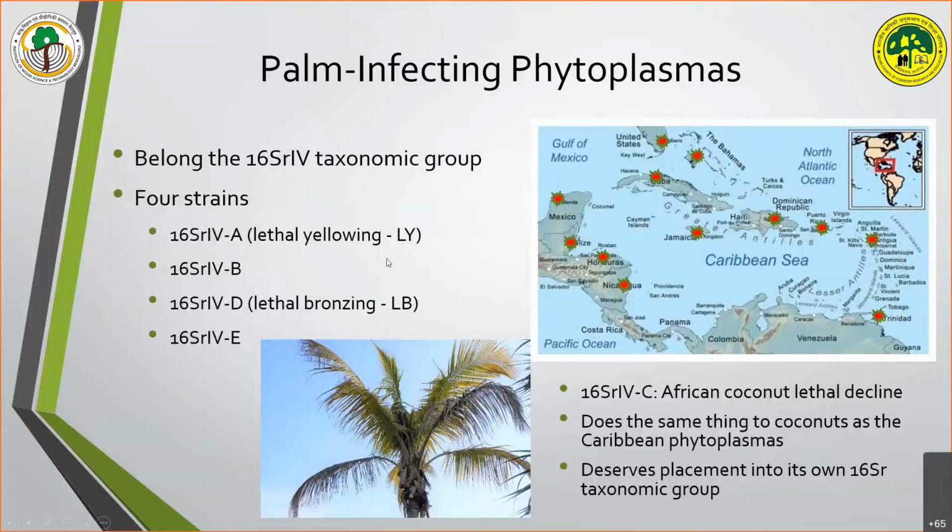Subgroup D is the emerging issue today in Florida, and it's also known from Mexico as well as Antigua and Barbuda in the northeastern Caribbean. And subgroup E is kind of an obscure one that was documented from the Dominican Republic.